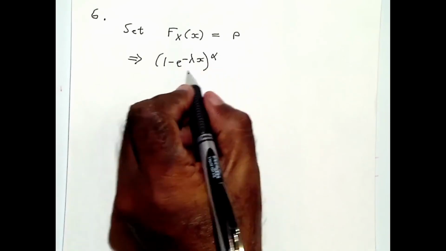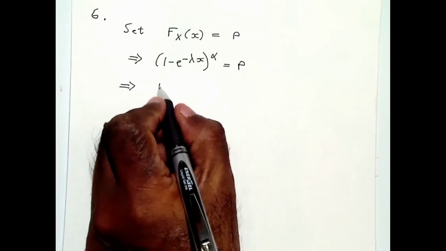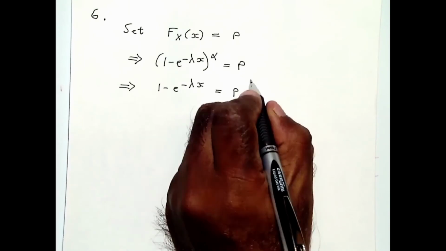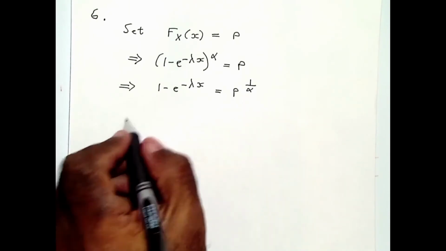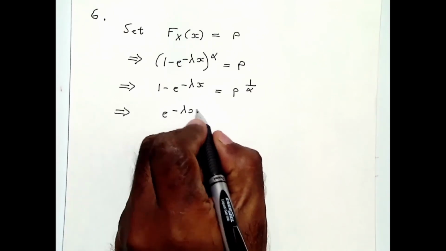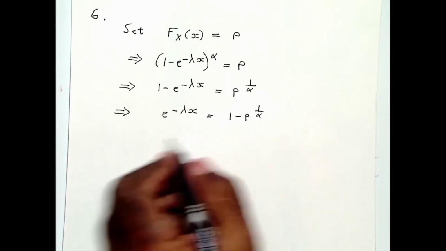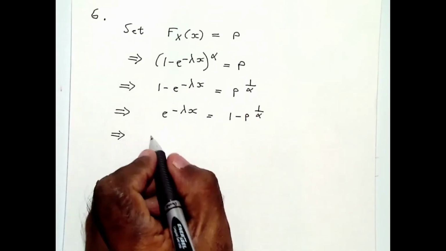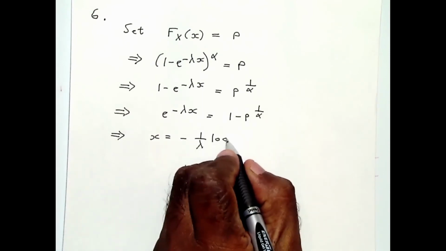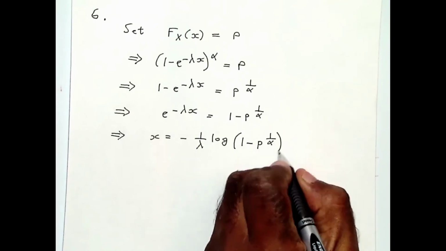The CDF of x equal to p implies that 1 minus, right, which implies that, right, and this implies that x equals, okay.